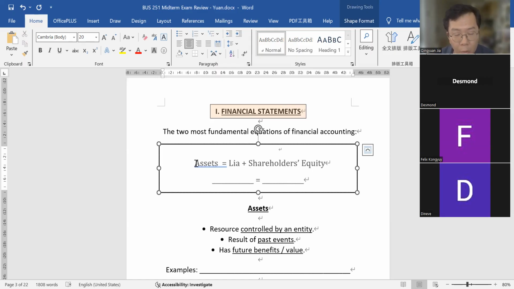For example, you receive some money from others, so your assets will definitely go up because you receive cash. At the same time, you have to examine whether your liability or your shareholders' equity changes in the same direction as well. So when you do the journal entry, please make sure that this equation still balances and makes sense.